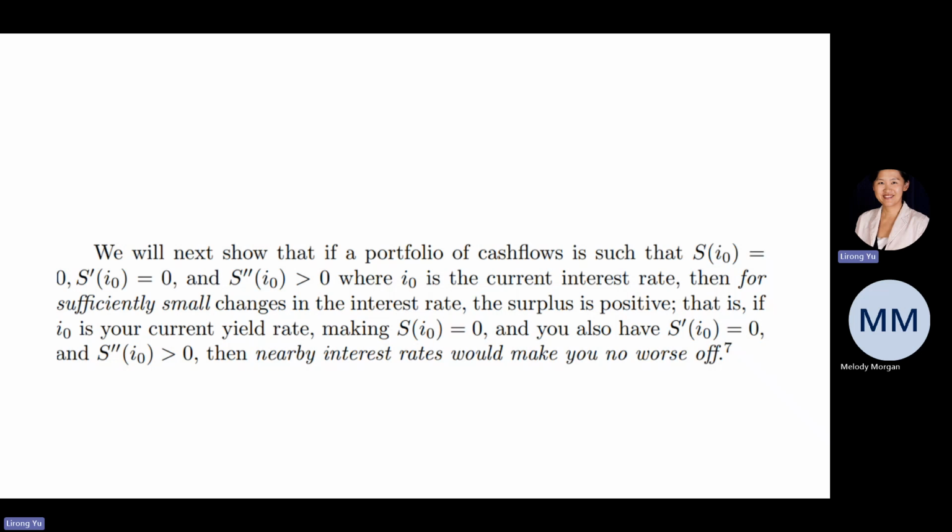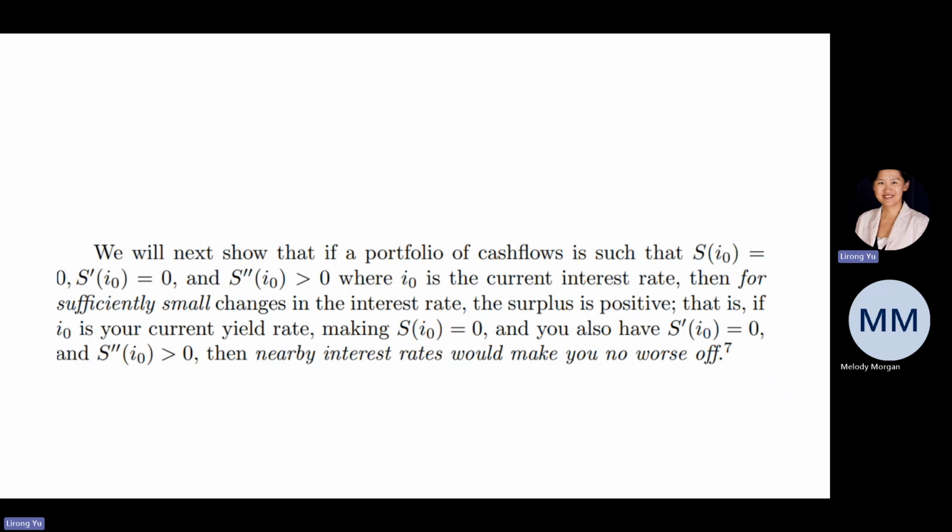One more thing: we want the second derivative to be bigger than 0, because then the function S(i) is concave up. With S equal to 0 and the derivative equal to 0, i0 is the lowest point nearby.